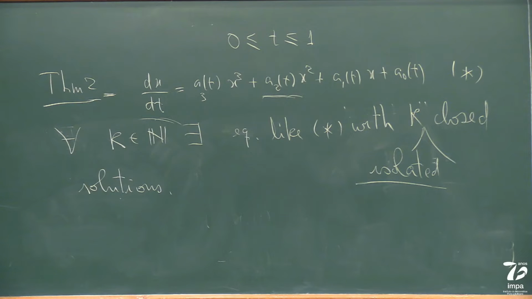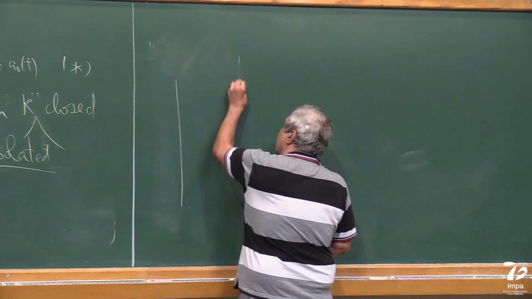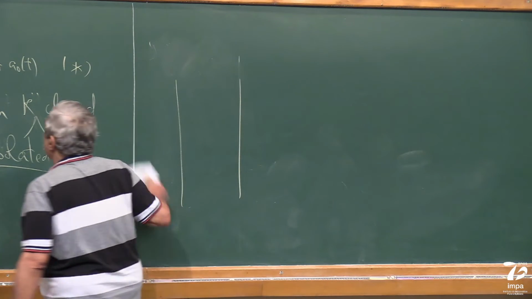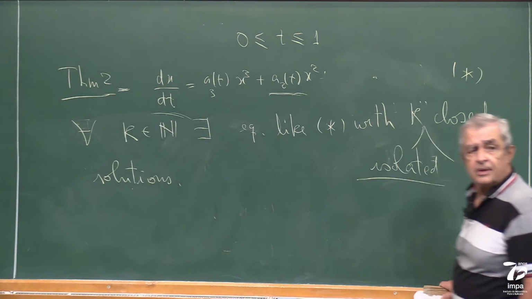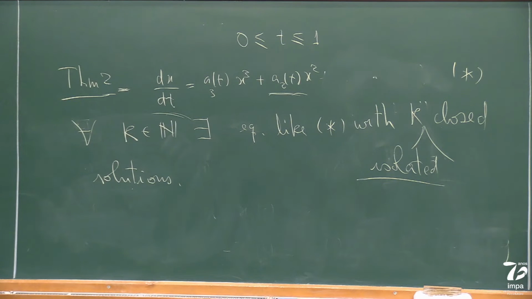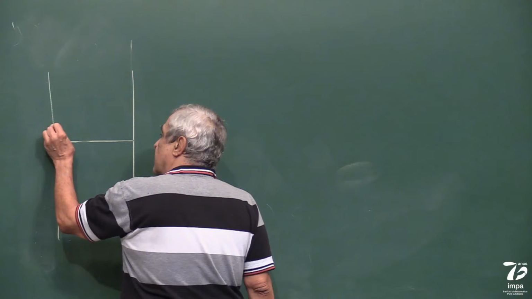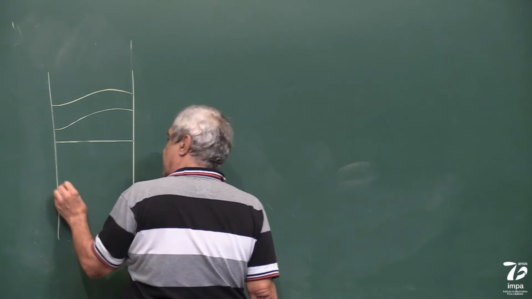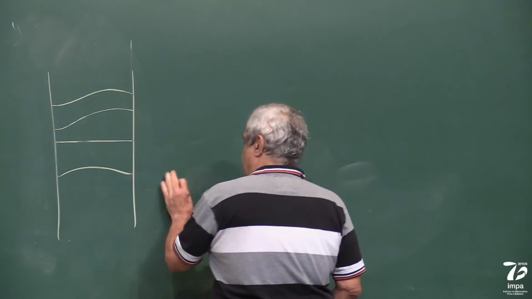Well, the trick here is, in fact, I consider the equation like this, Abel's equation. This equation has x equals 0 as a solution, and you can consider the Poincaré map.